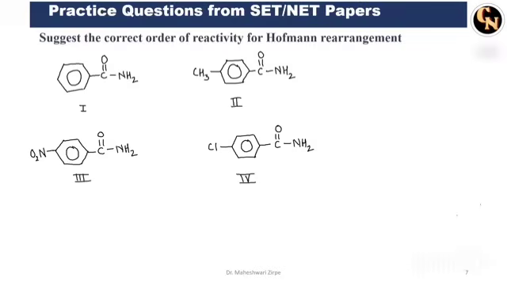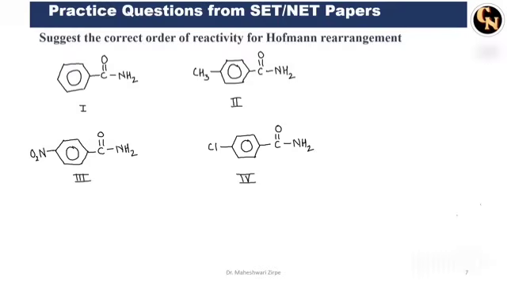Now for Hofmann rearrangement, you will find that electron withdrawing groups are not going to be favorable for the rearrangement of the groups, but electron donating groups will be favorable for your Hofmann rearrangement reactions. Out of these 4 given, the amides are given to us.